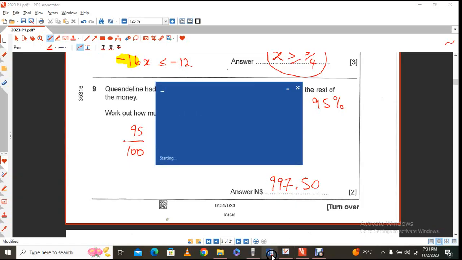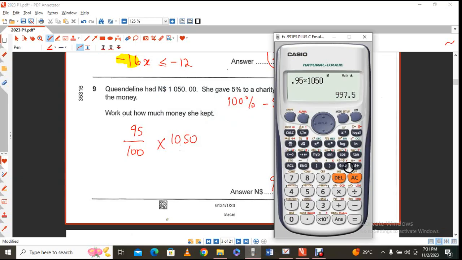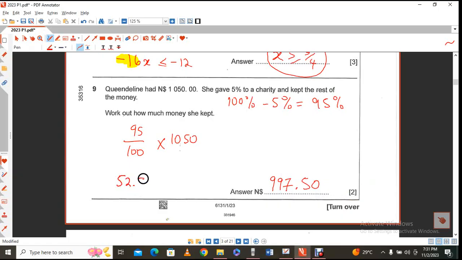Some people would be calculating 5% of 1050, so you might see that you can get a mark for $52.50, but $52.50 represents 5%. So maybe for this you might get 1 mark. You still have to subtract this from the 1050, so that we can find out the rest of the money that is left.